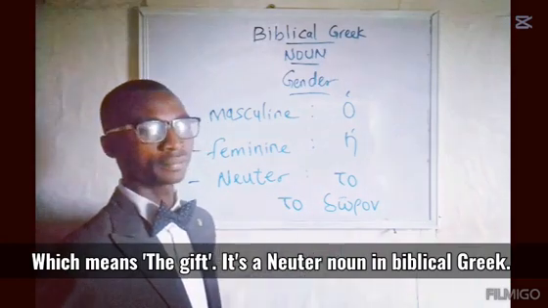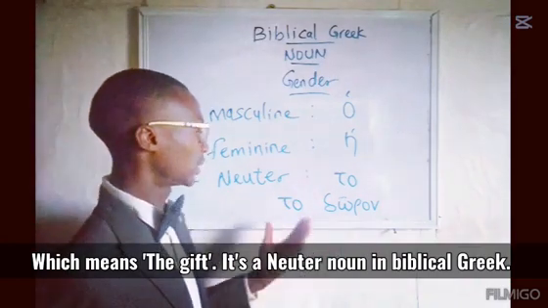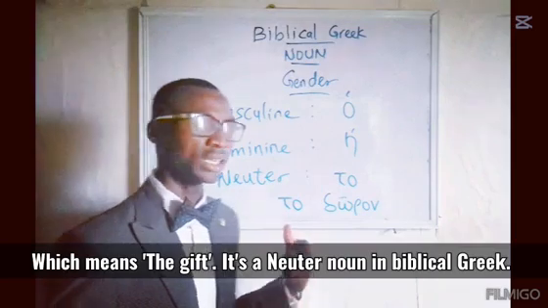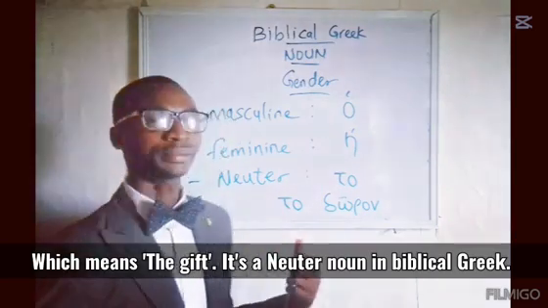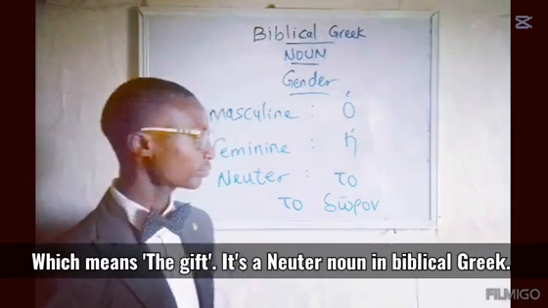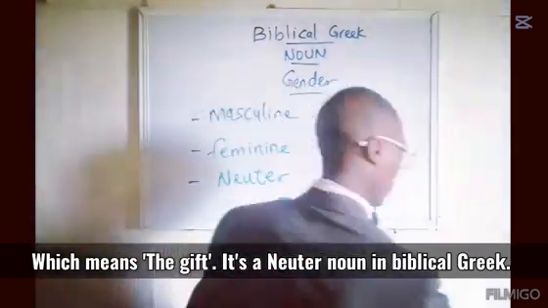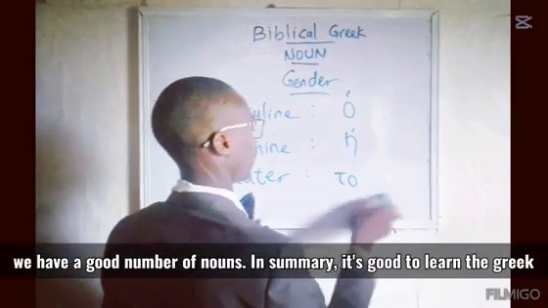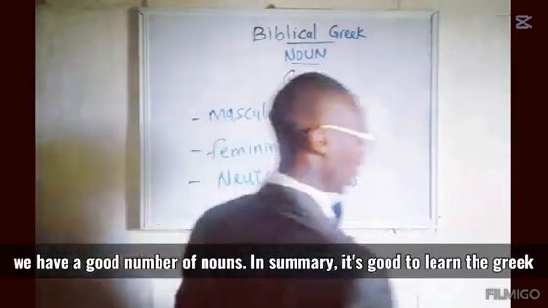The gift. So the gift is a neuter noun in Biblical Greek. So we have a good number of the nouns.